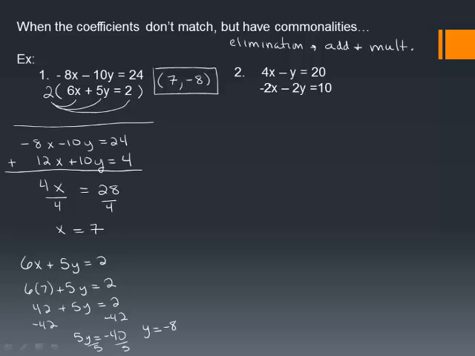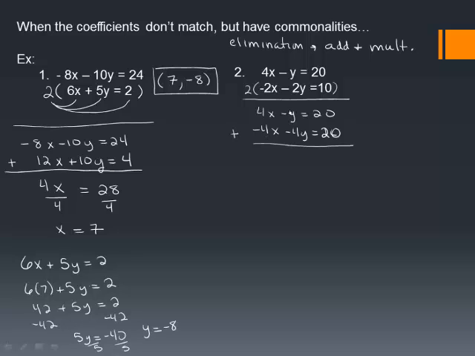Or I can multiply this bottom equation by 2, which will get rid of the x's and leave me with y's. I'm going to go ahead and do that. But again, it doesn't matter which one you do as long as you can make them cancel. So I'm going to get 4x minus y is equal to 20. And negative 4x minus 4y is equal to 20 also.